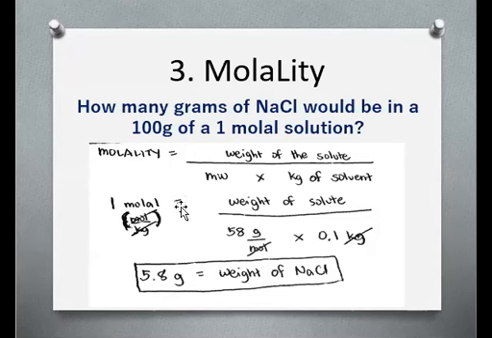So 1 molal is equal to the weight of solute divided by the molecular weight of sodium chloride, which is again 58 grams per mole, times, since grams is given, you should convert it to kilograms. So 100 grams is equivalent to 0.1 kilograms. Multiply these three and you will get the weight of the solute, in this case the weight of sodium chloride, which is 5.8 grams. And then you need to box the final answer. Okay, so that's for molality.